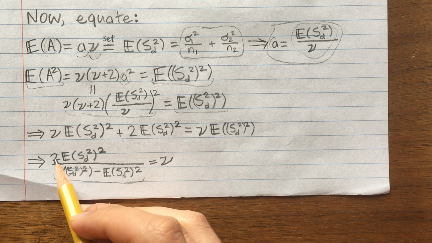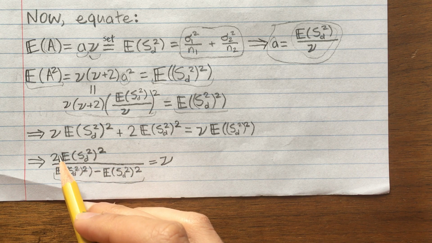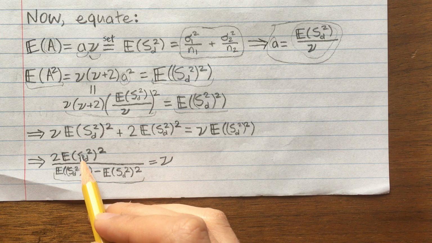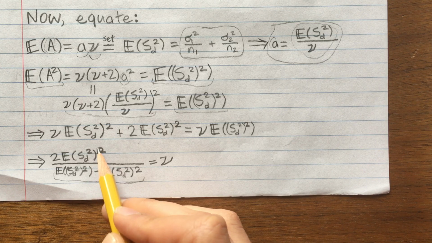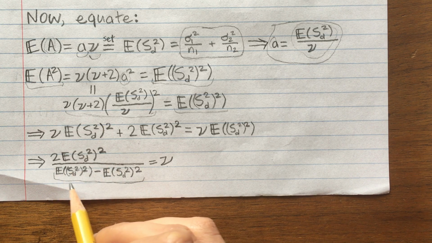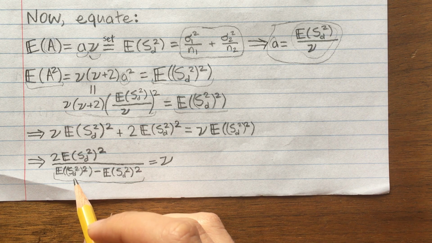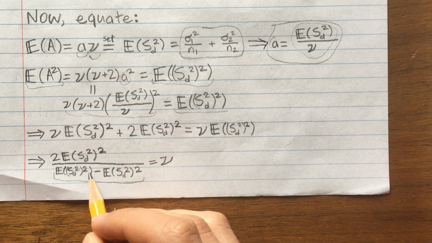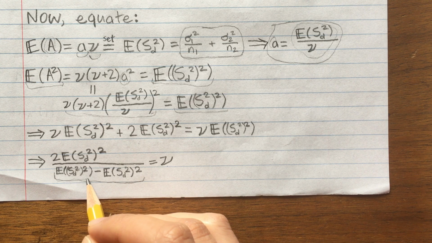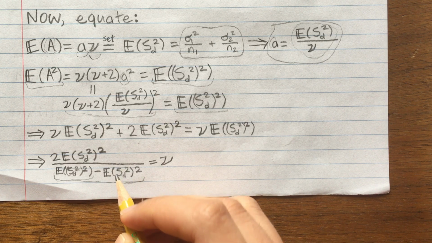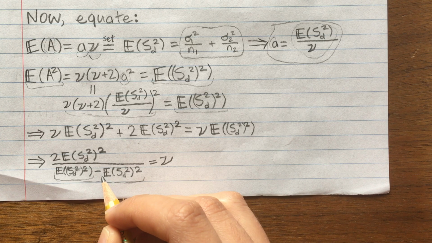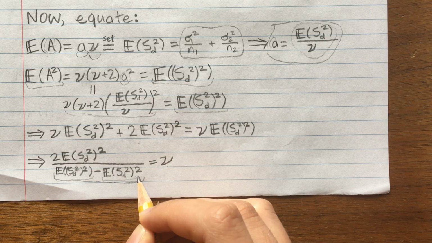So we get that V equals 2 times the expected value of SD squared, the quantity squared, divided by the expected value of SD squared squared, so that's the second moment of SD squared, minus the expected value of SD squared, the quantity squared.